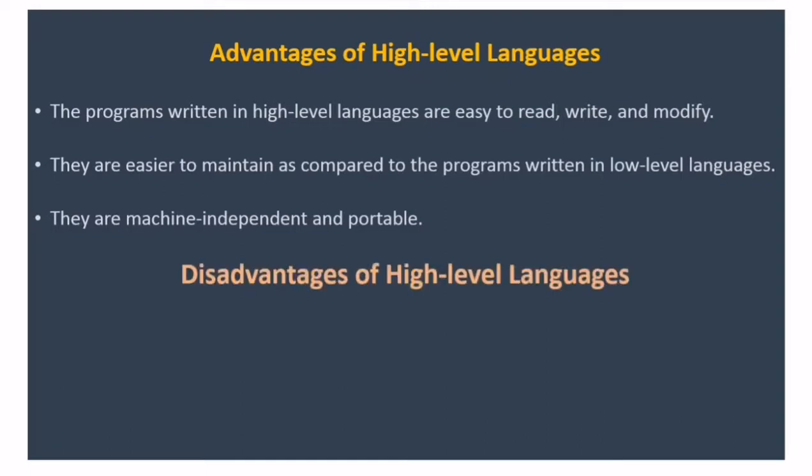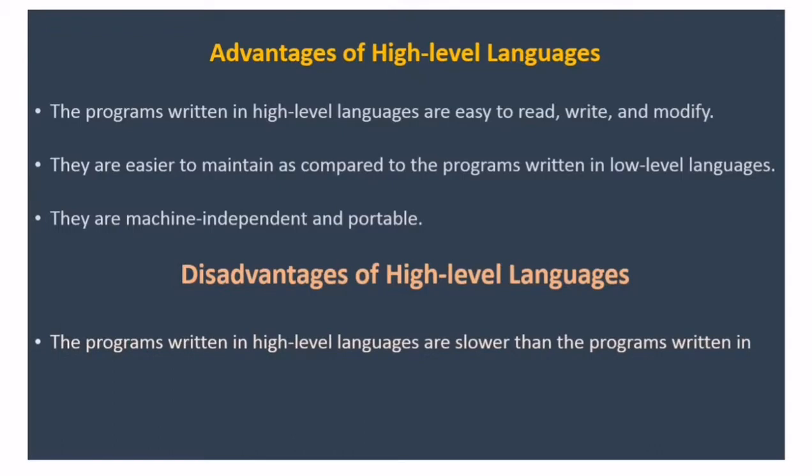Disadvantages of high level languages: the programs written in high level languages are slower than the programs written in low level language. Why? Because they need to be converted by the translator software, but the low level language doesn't need to be converted, it will directly execute because it is written in machine code.